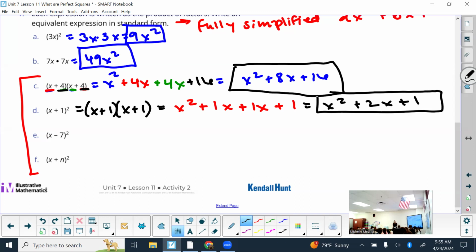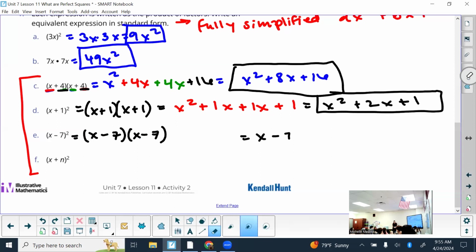So then table 1, what is my standard form of part E? X minus 7, and then x minus... wait, standard form? It sounded like you were expanding it first. So what's my final answer?